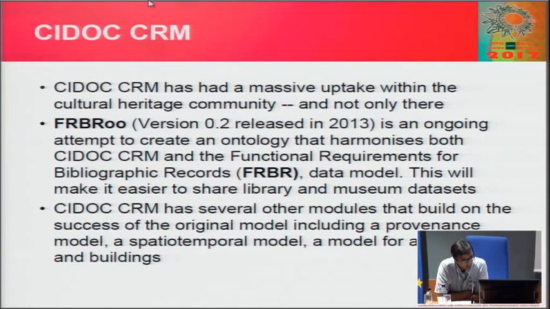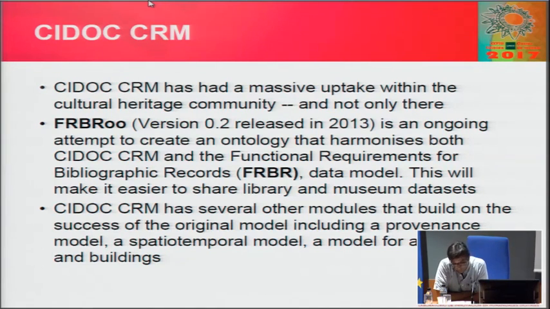And actually, relatively recently, there's been an attempt to harmonize CIDOC CRM with the Functional Requirements for Bibliographic Records data model, FRBR, and the name of the resulting resource is FRBR-OO.